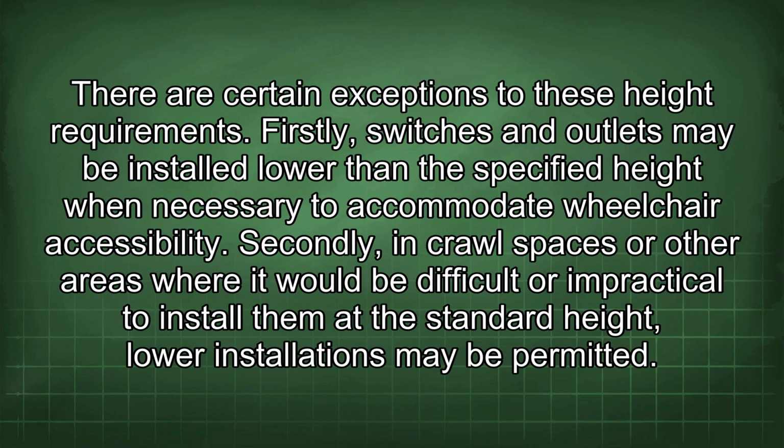There are certain exceptions to these height requirements. Firstly, switches and outlets may be installed lower than the specified height when necessary to accommodate wheelchair accessibility. Secondly, in crawl spaces or other areas where it would be difficult or impractical to install them at the standard height, lower installations may be permitted.